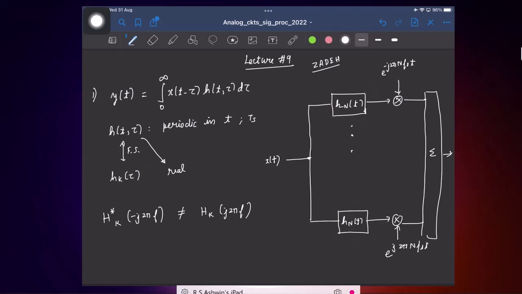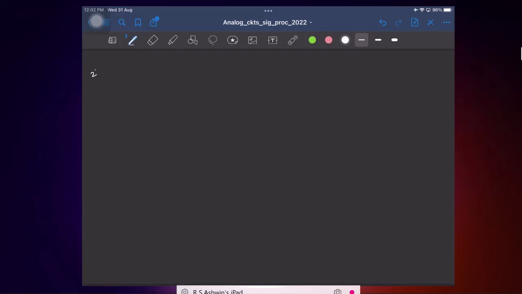And the second aspect we looked at was the response to a complex exponential, which was simply h of j 2 pi f comma t, a scaling factor, times the input complex exponential e power j 2 pi f t. Again, this is a periodic signal, so we could decompose it using Fourier series, and that resulted in this term with j 2 pi (f plus k fs) t.